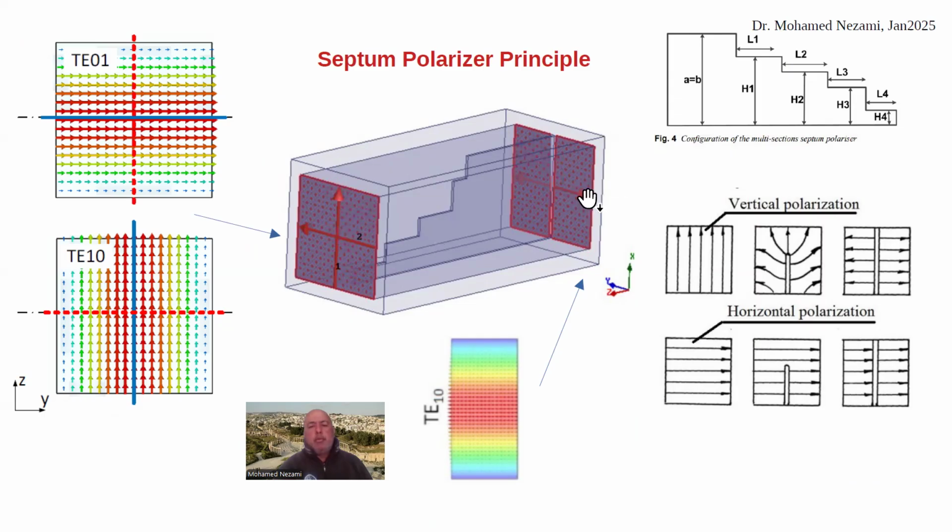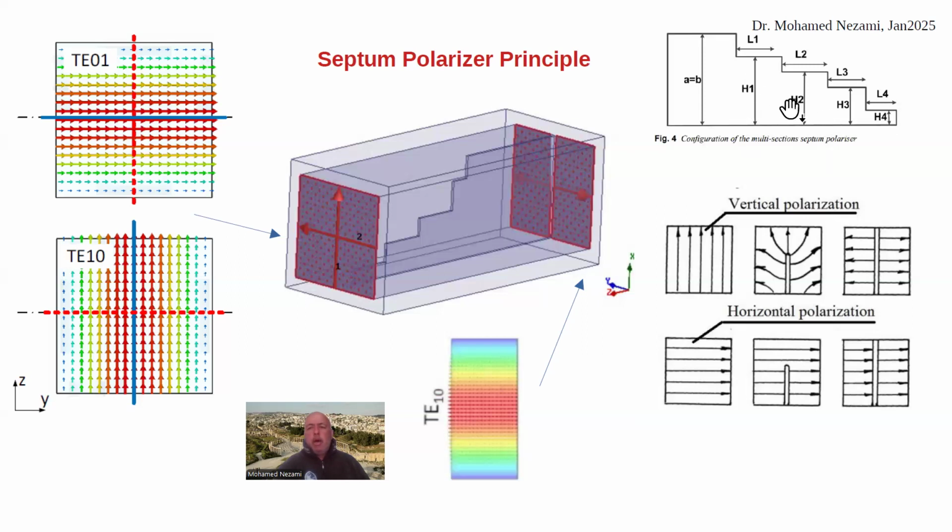And then from here, couple into the LNB. The design for this is really simple. I don't want to go through it again, but we have these designs that people did almost 50 years ago, and they gave us the dimensions.